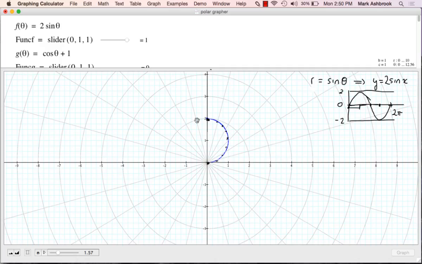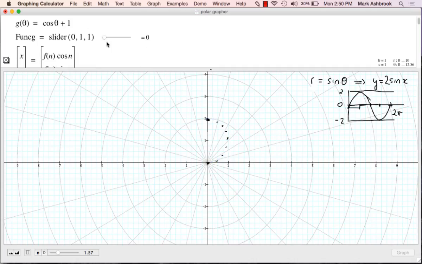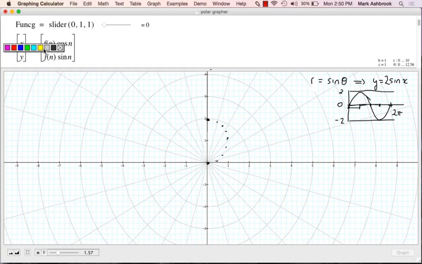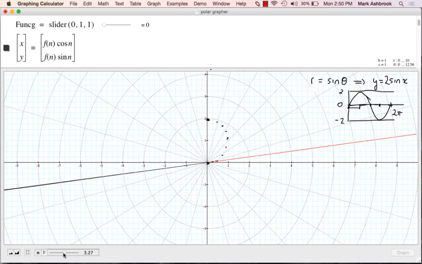So now as the angle turns from pi over 2 to pi, imagine r coming back. Just imagine that r value getting less and less. See, it's coming down, getting closer to the pole. So watch it again.